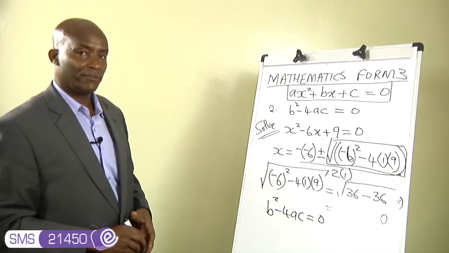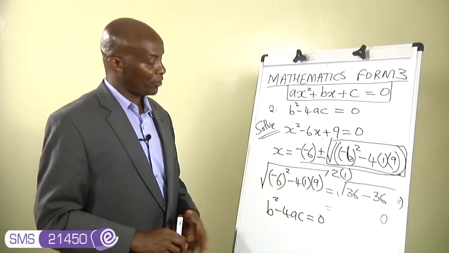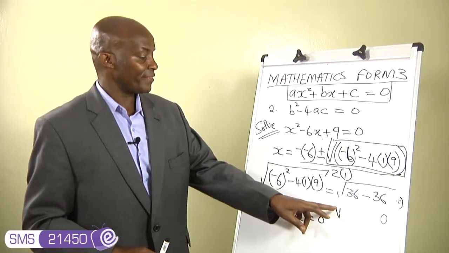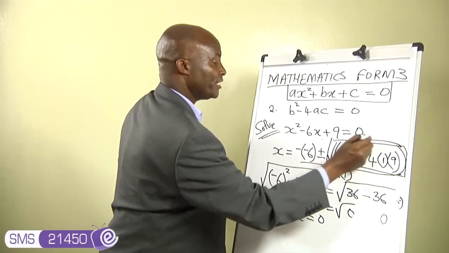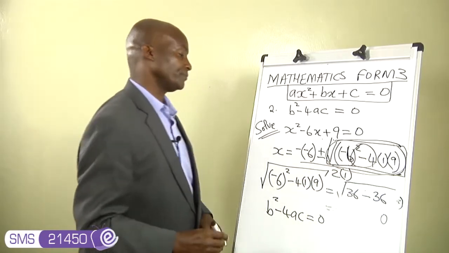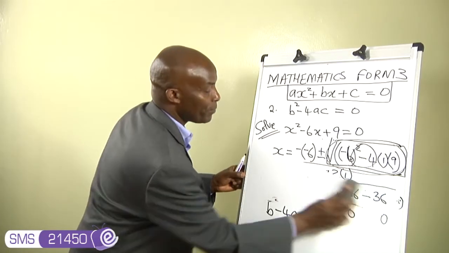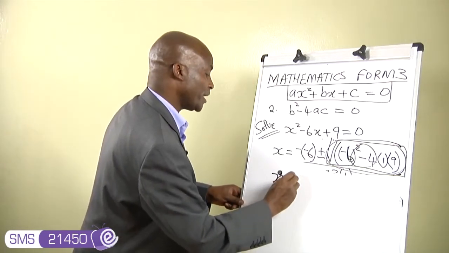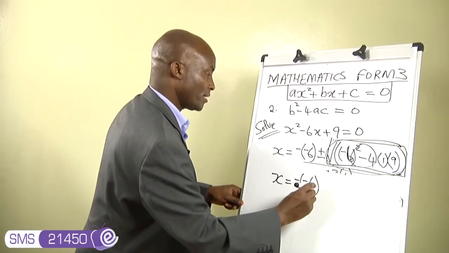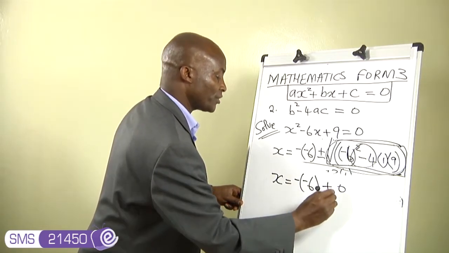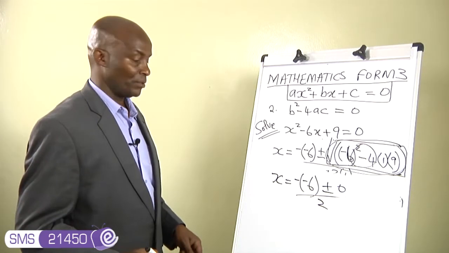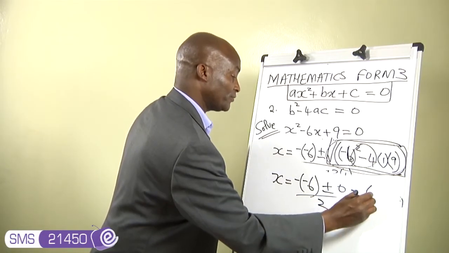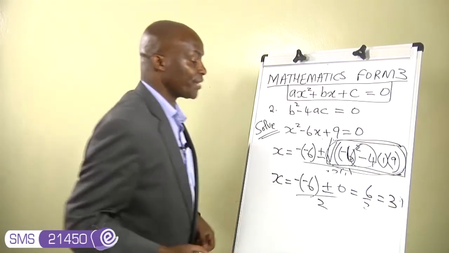There will be a number of quadratic equations that you come across where b squared minus 4ac is equal to 0, meaning that this part becomes 0, and therefore we will be left with x is equal to negative of negative 6 plus or minus 0, divided by 2. And this will give us positive 6 over 2, which is equal to 3.